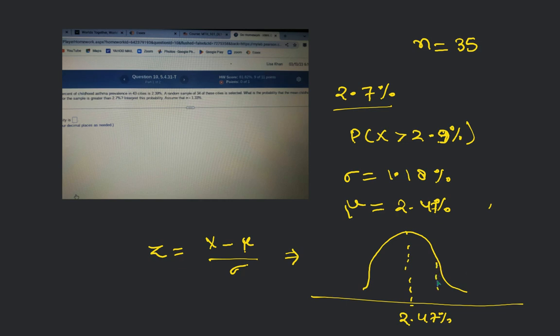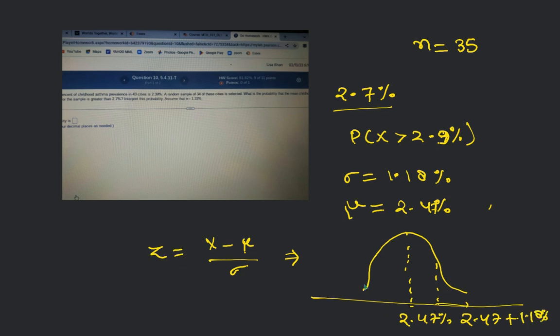So the first standard deviation will be somewhere here, which is 2.47 plus 1.18%, and somewhere here is 2.47 minus 1.18%. Just give me a moment, I will let you know.